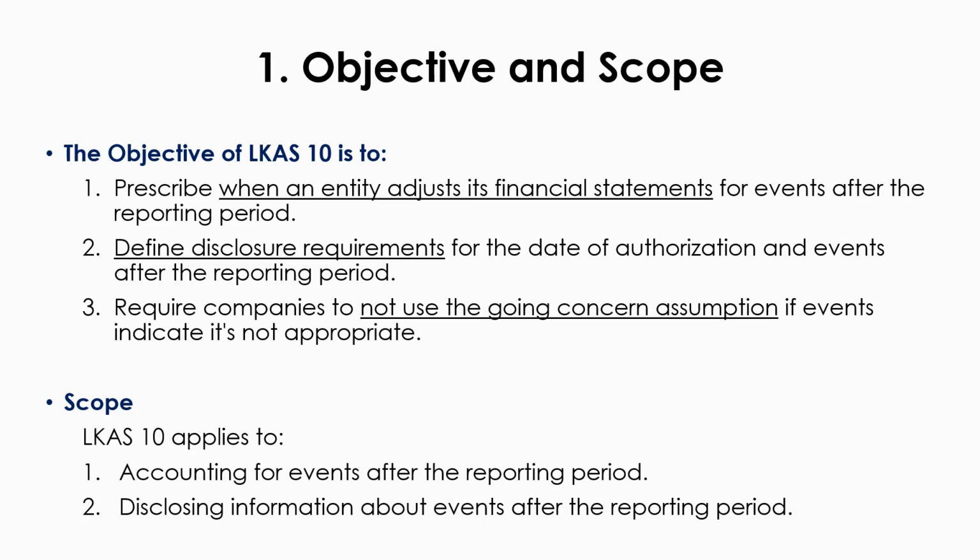The scope of LKAS 10 is broad and encompasses the entire accounting and disclosure process for events that occur after the reporting period but before the financial statements are officially issued.